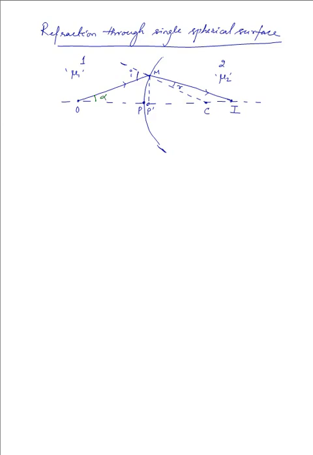Then we consider the angle subtended by the normal onto the principal axis, and let this be equal to gamma, while the angle subtended by the refracted light ray is supposedly beta. So we have three angles over here, alpha, beta, and gamma, with respect to the principal axis. And then we have the angle of incidence and the angle of refraction as well.